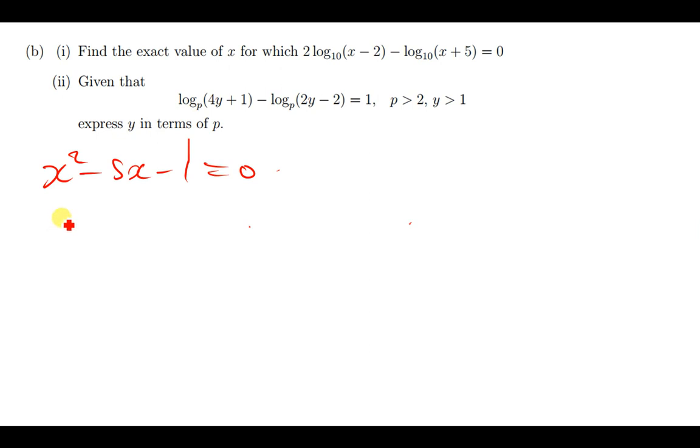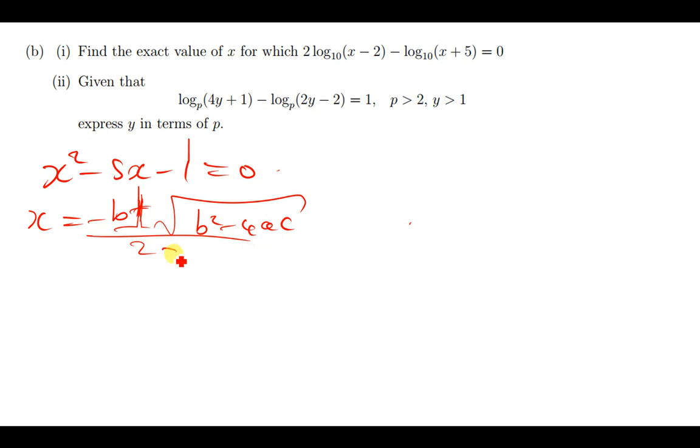To solve this using the formula method, x is equal to negative b plus or minus the square root of b squared minus 4ac, everything divided by 2a.